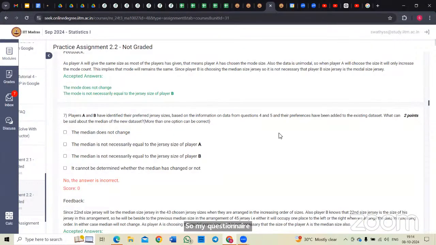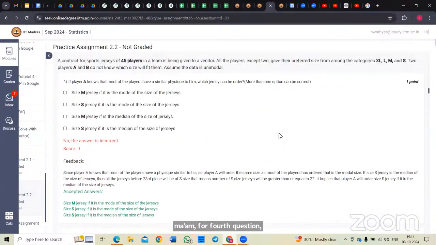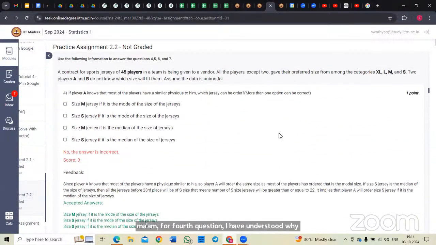Ma'am, for the fourth question, I have understood why mode has an impact, but I didn't get why median has an impact for that question. Can you explain it once more? Okay. Just like, ma'am, if we have to find the median, we have to arrange in increasing order or decreasing order.